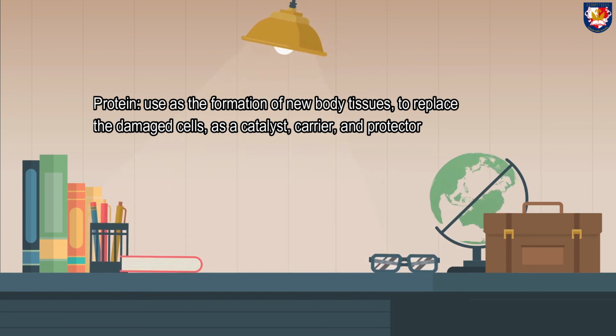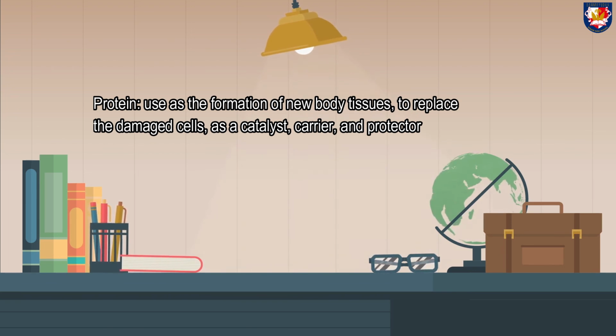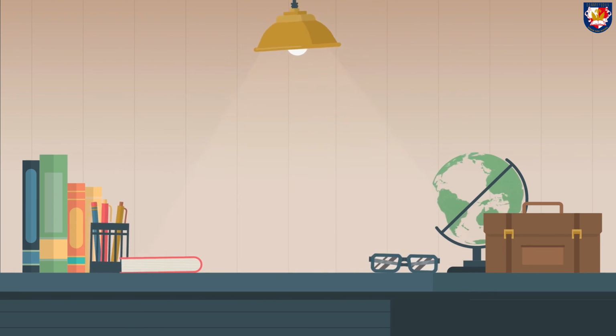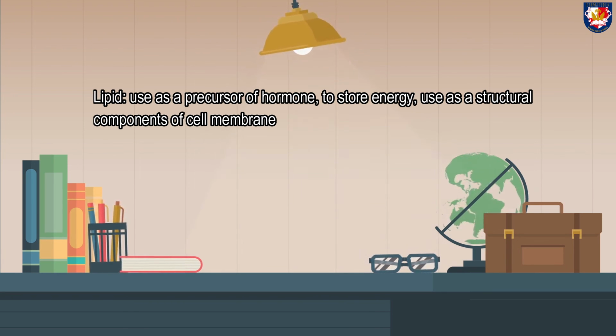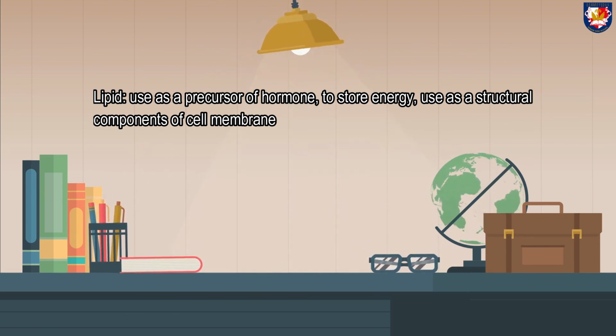Proteins are used for the formation of new body tissues to replace the damaged cells, and as a catalyst, carrier, and protector. Lipid is used as a precursor of hormones, to store energy, and as a structural component of the cell membrane.